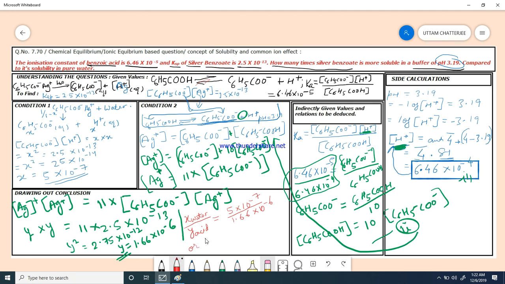Or the solubility of silver benzoate in the given acid divided by the solubility of silver benzoate in water will be the reciprocal of this, and the value will be 3.4. Therefore, the solubility in acid will be 3.4 times.